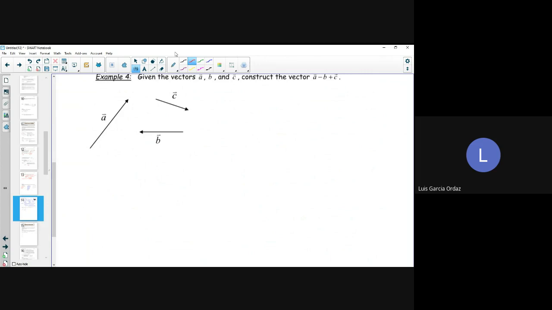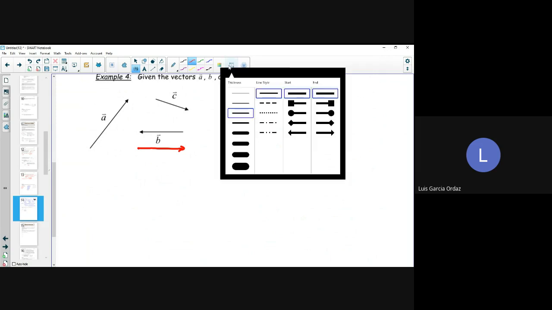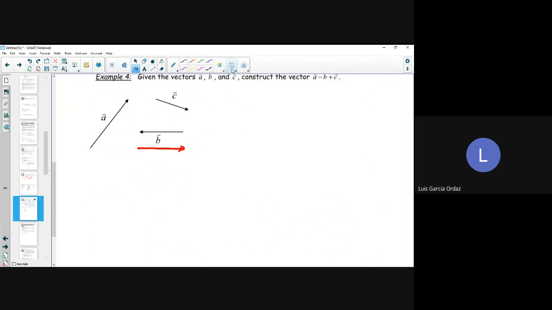So example 4, last example: given the vectors a, b, c, construct the vector a minus vector b plus vector c. The only one that's going in the opposite direction is vector b. So negative vector b is going to look like this. Because it's in the opposite direction, this is negative vector b. I have vector a, which starts here.